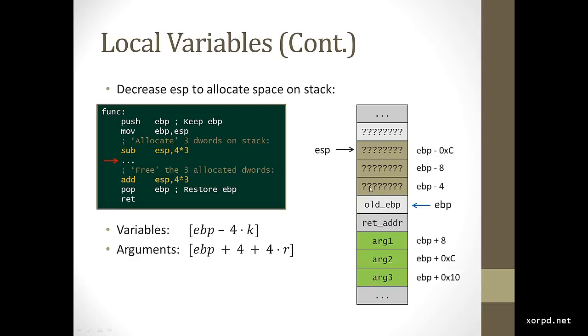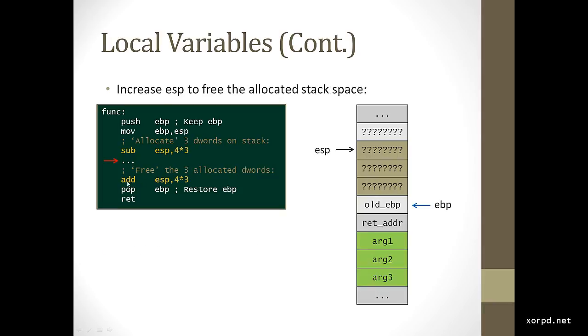And this local variable is at location EBP minus 4. An important point to remember is that arguments are at positive offset relative to EBP. However, the local variables are at negative offset relative to EBP.